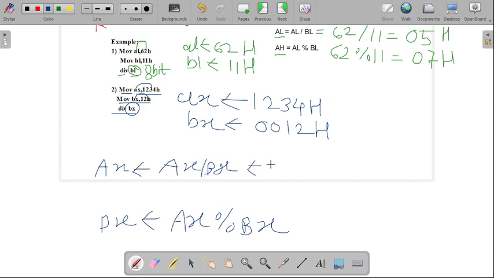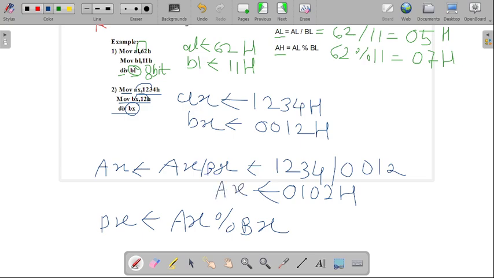Whenever you put in these values, that is 1234H divided by 0012H, we get the number 102H in our AX register. So I'm writing here 0102H, and that data will be stored in the AX register.